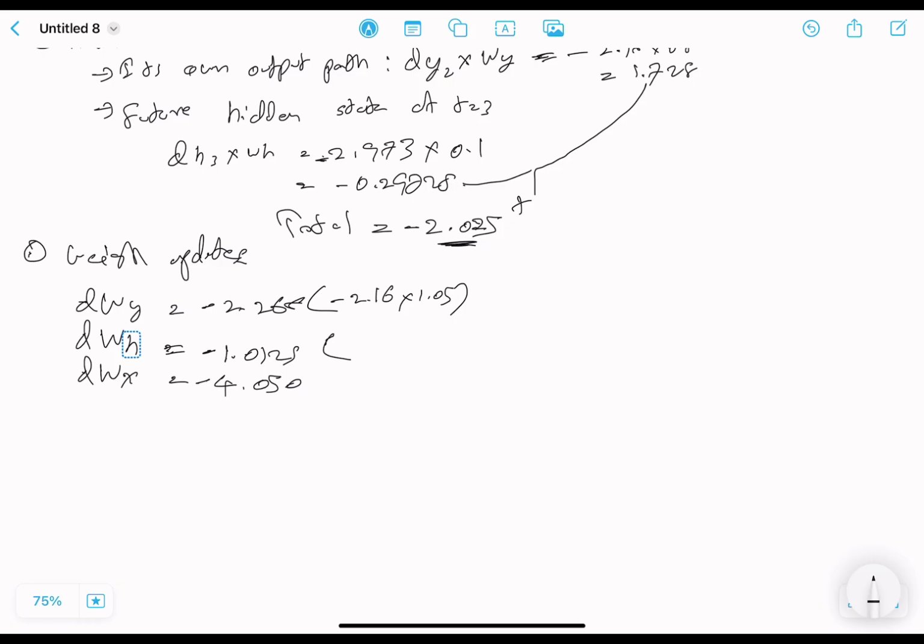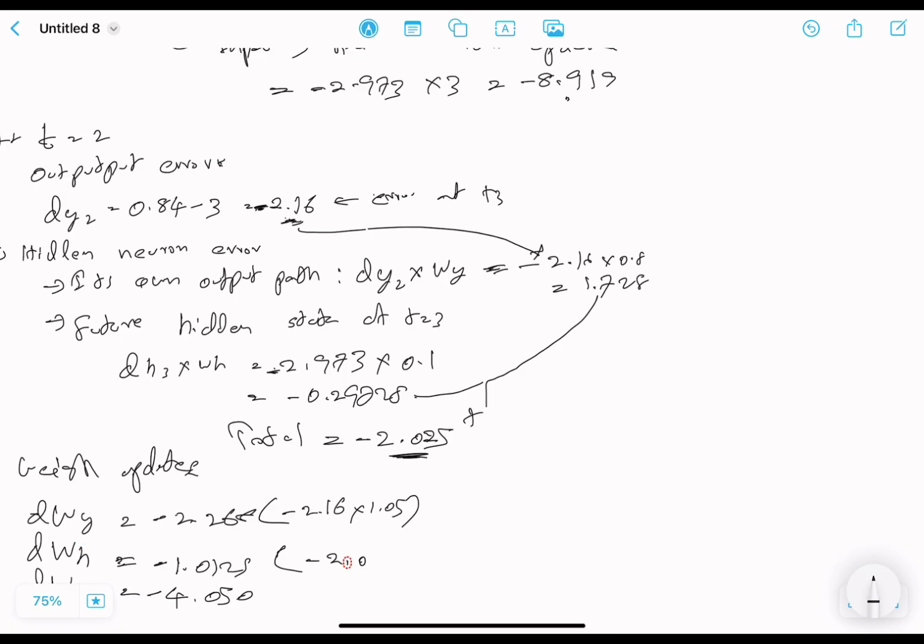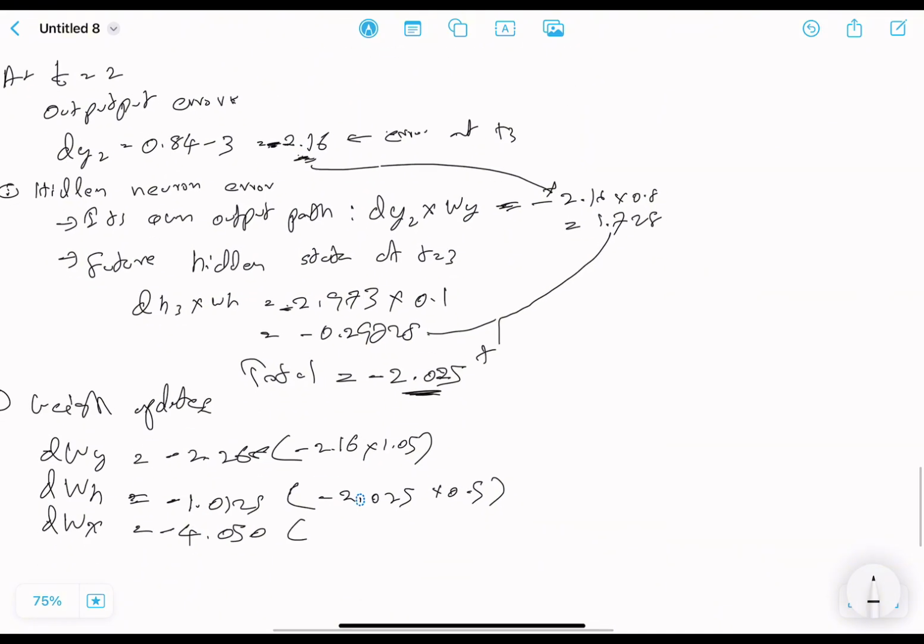This value we have taken by taking minus 2.025 into 0.5, and this value I have taken by multiplying minus 2.025 into 2, which is the input.